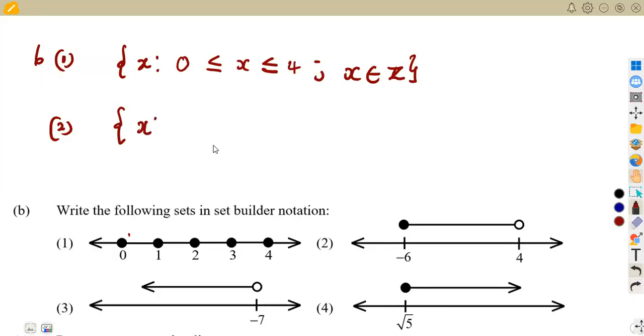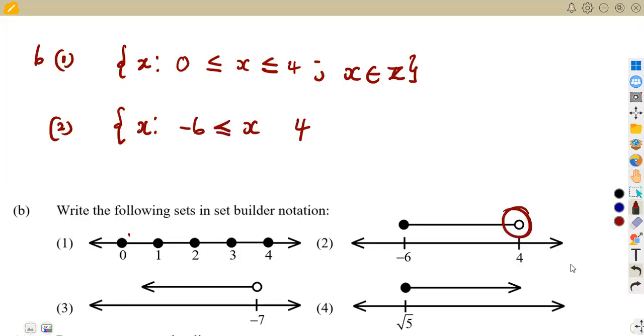So x is such that, with the limits from -6 up to 4. But now let's take a closer look at x. At -6, they indicated with a shaded circle, and wherever you see this shaded circle, the sign is supposed to be greater than or equal to, less than or equal to. That's where you indicate with a shaded circle. So that is x is greater than or equal to -6.